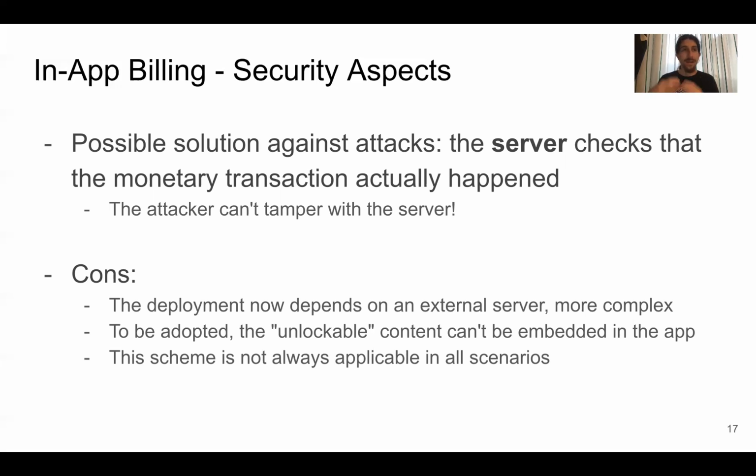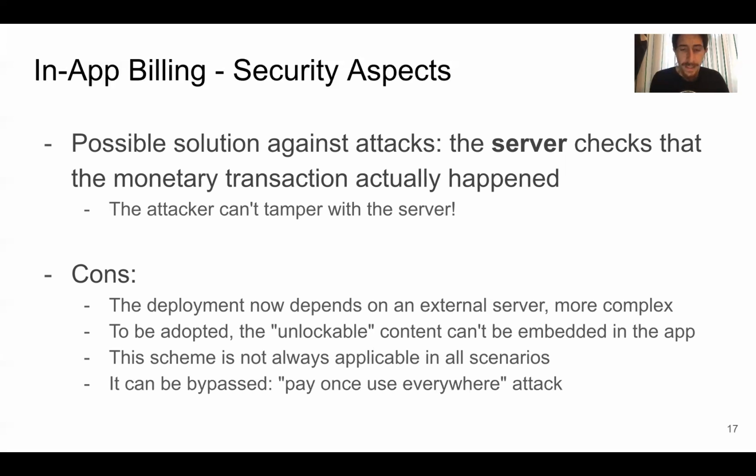So it's difficult to imagine a design where, before deciding whether to show advertisement or not, you ask the server, since the attacker could spoof the result from the server. So unless the check and the shipment of the unlocked content all happen in the server, this is not really practical.